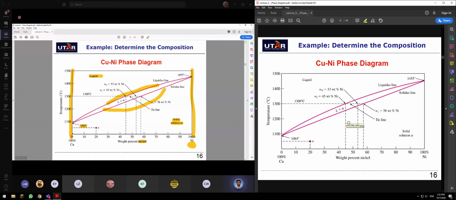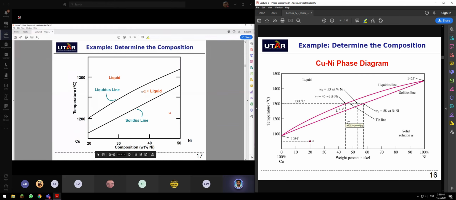When you increase the temperature to 1084, it becomes liquid. The melting point for nickel is this 1455. If you have pure nickel and increase the temperature, it is still solid until this point, where it becomes liquid. See, from here you can interpret a lot of information.